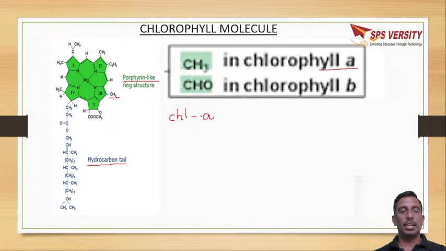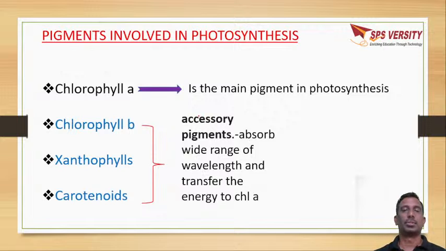Chlorophyll A is the major photosynthetic pigment, and all the remaining pigments are called accessory pigments. Chlorophyll A plays an important role in photosynthesis.